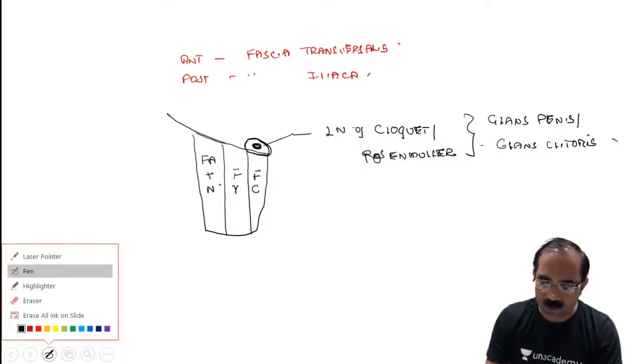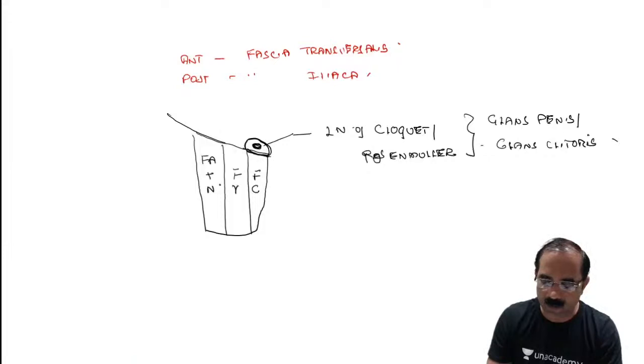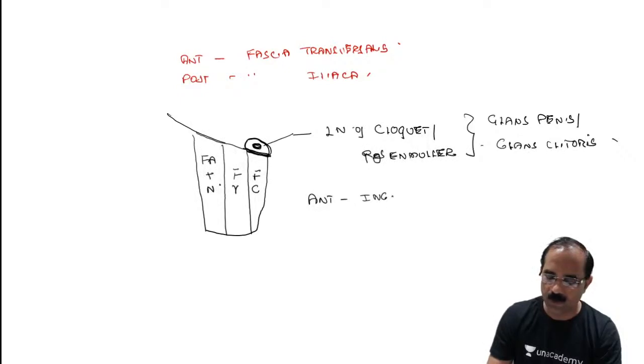Now just tell me, what are the boundaries of the femoral ring? The anterior wall is formed by the inguinal ligament.